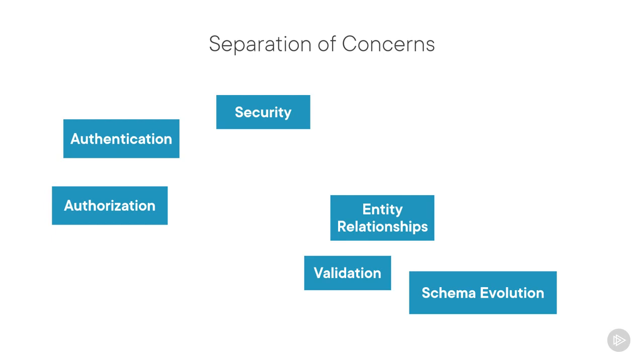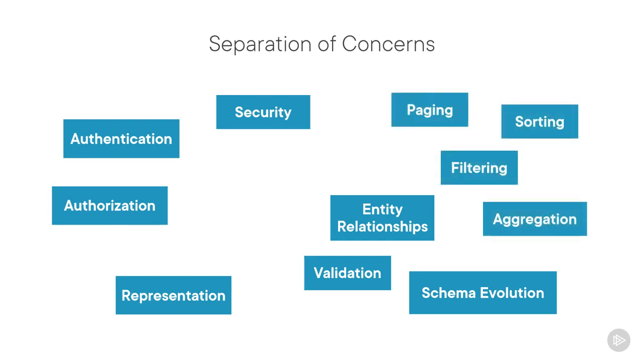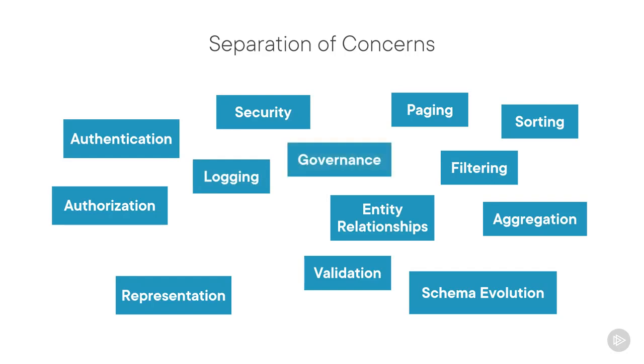Of course, we need to represent that data to the user, and when they ask for it, they need paging, sorting, and filtering options, not to mention aggregating data for greater insight. We'll need to add some visibility through logging and consistency through governance. Oh yes, and we'll need to integrate this product with everything else in the company. That's a lot to think about.